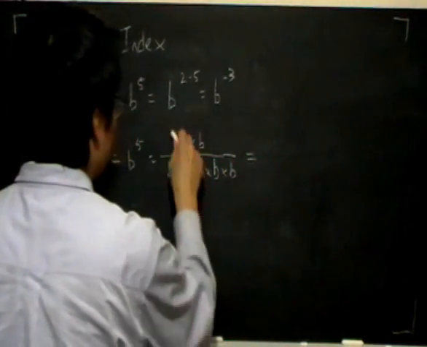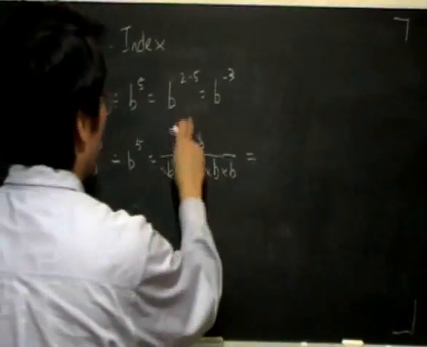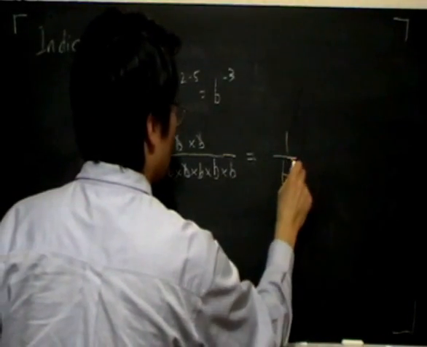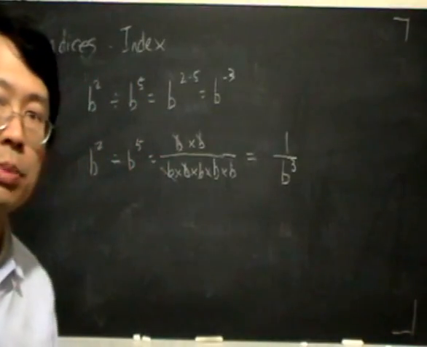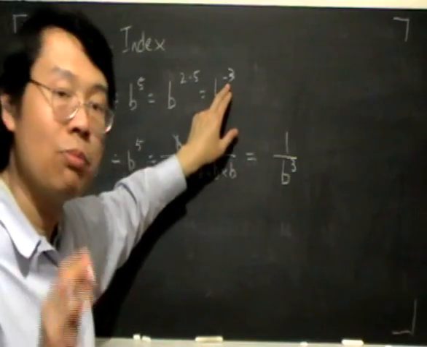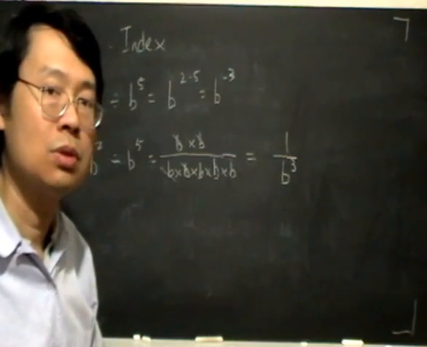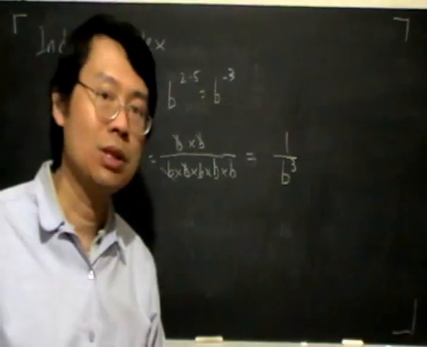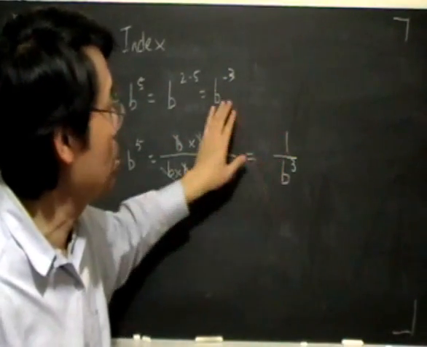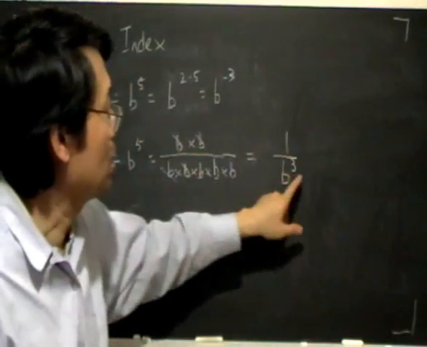After we cancel out the b's, from the top we get 1 over b squared... b cubed at the bottom. So this means that b to the power of minus 3 really means 1 over b cubed. So that's the meaning of the minus sign. If we see a minus sign in the power, it really means 1 over the power. And in this case, the power here is 3.